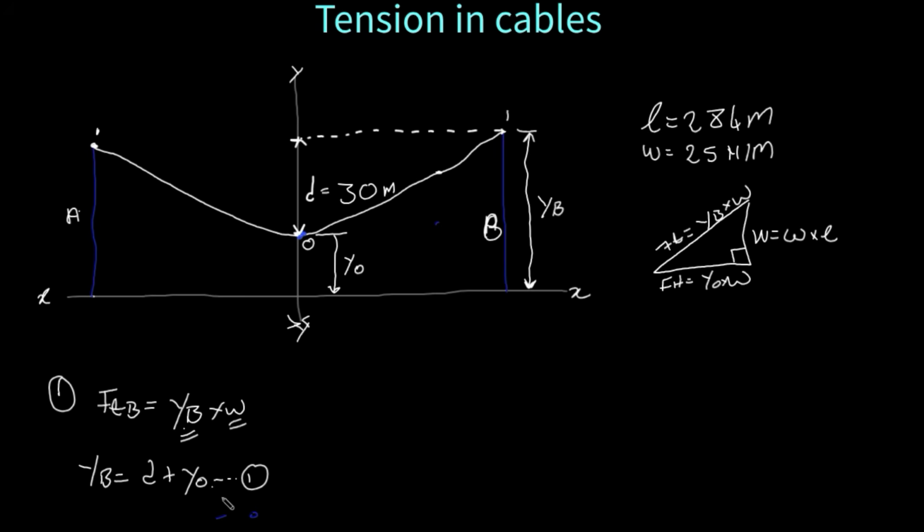And then we move on and try to get YB using this formula. YB squared is equal to YO squared plus LB squared.